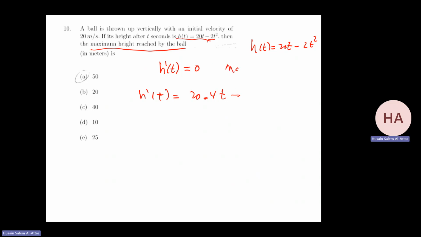So the maximum height happens when t satisfies h prime of t equals 0.